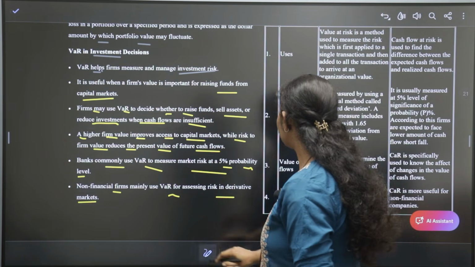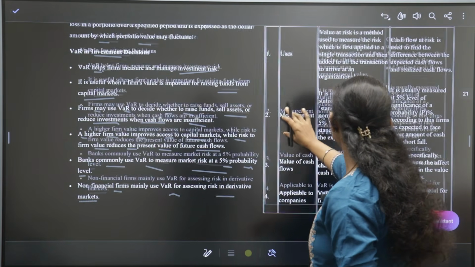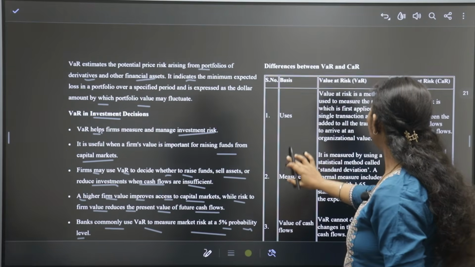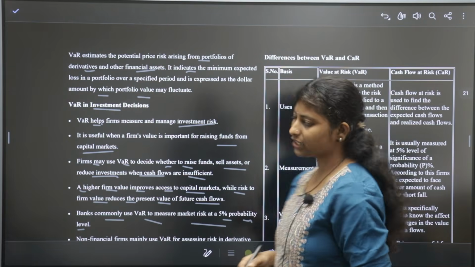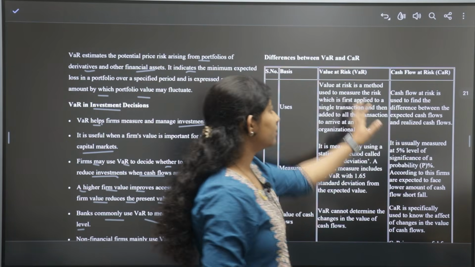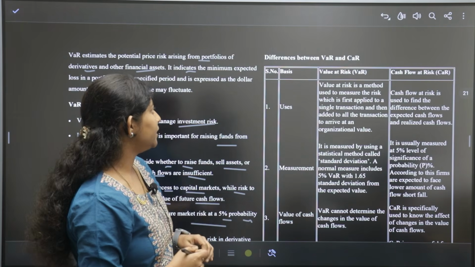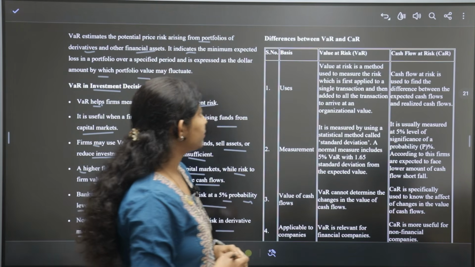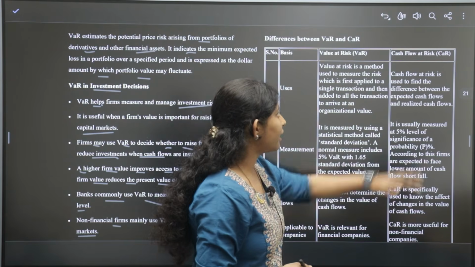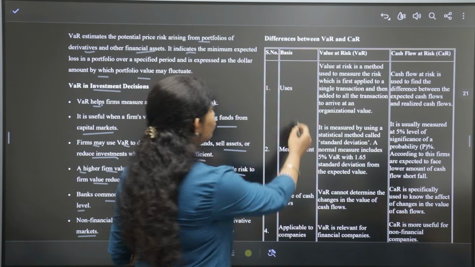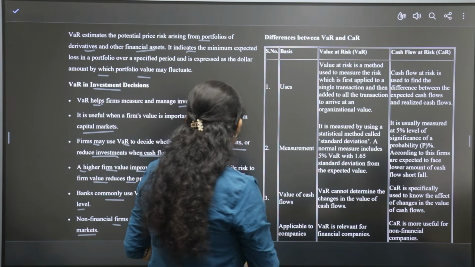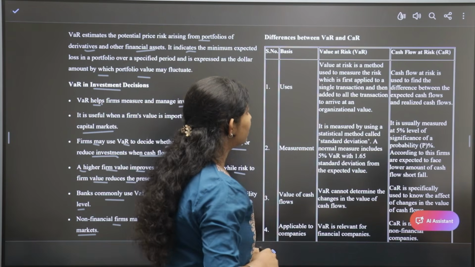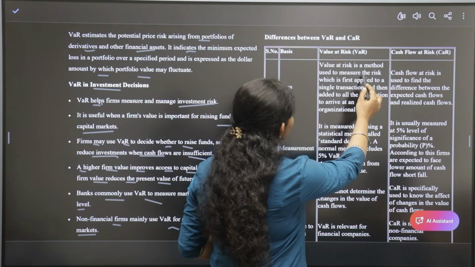Next, we'll discuss the difference between value at risk and cash flow at risk, VaR and CaR. Very important question. So here we'll see the differences between VaR and CaR. First, uses. VaR is used to measure risk.